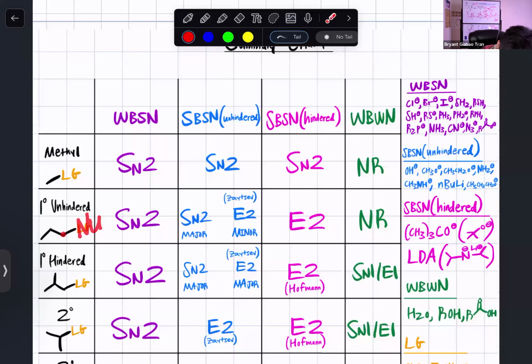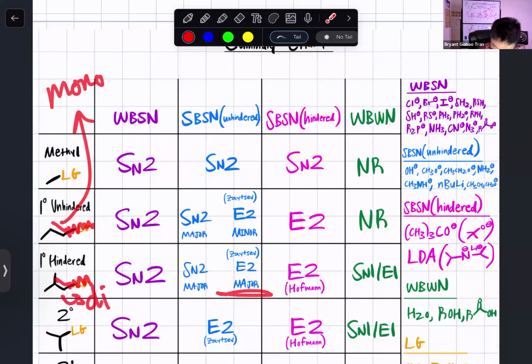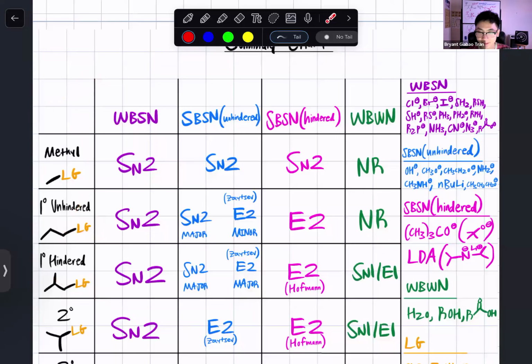It can substitute the leaving group like that. But if you do E2, you get rid of the leaving group and put a double bond right there. And this double bond right here is minor because it is monosubstituted. Whereas if you put a double bond right here for E2, this double bond is disubstituted, which is stable enough to compete with that. But that's way too niche and specific, so I wouldn't worry about that example there.